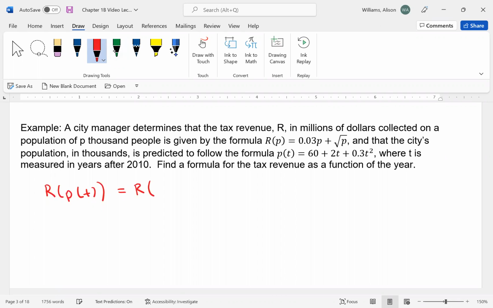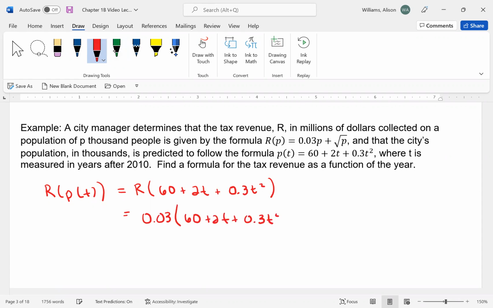We're going to plug 60 plus 2t plus 0.3t squared into R. And R is going to be, let me write it below for space. So this is going to be 0.03 times all of this in the parentheses.